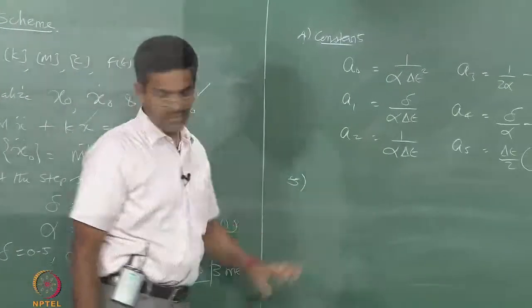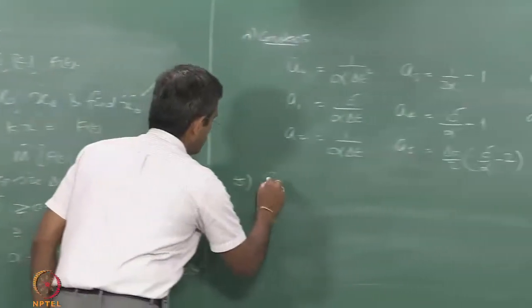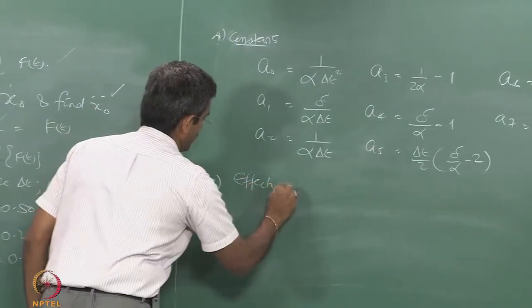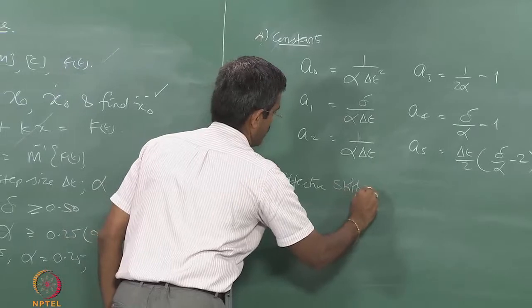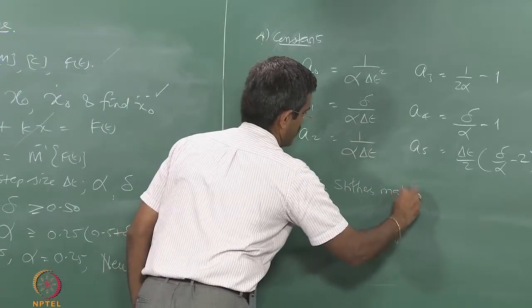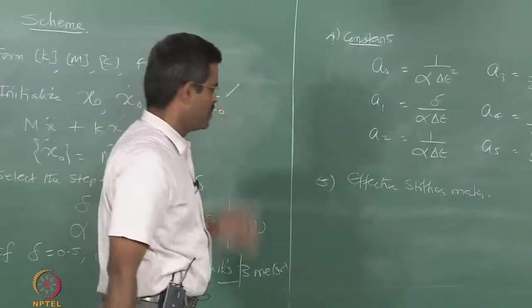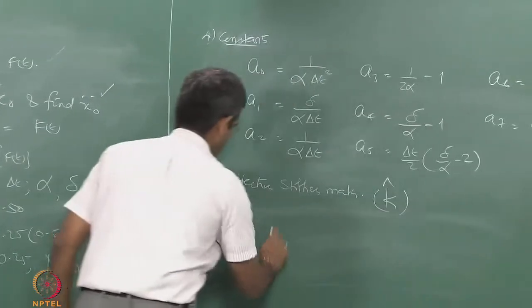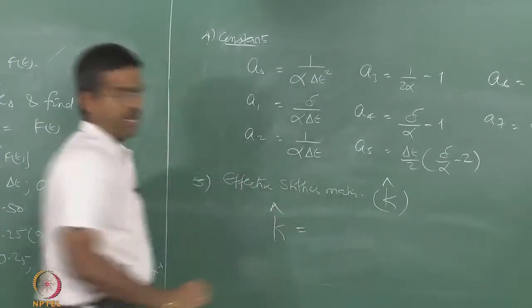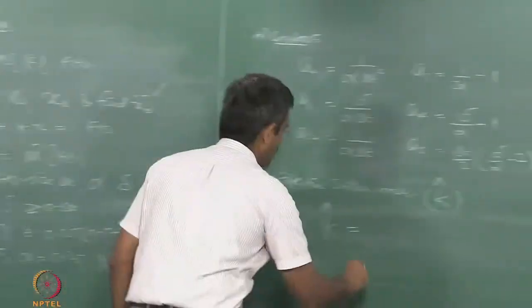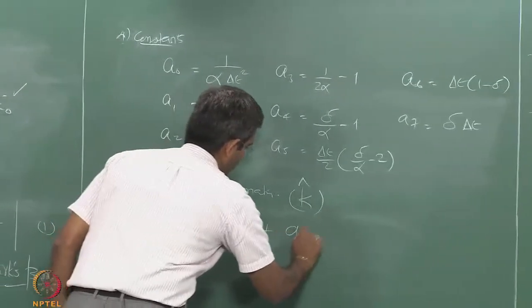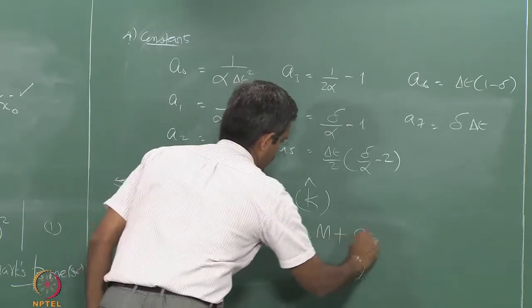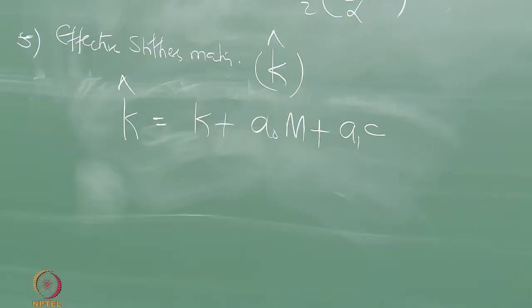Then form the effective stiffness matrix, which I call k hat. K hat is given by A0 m plus A1 c.